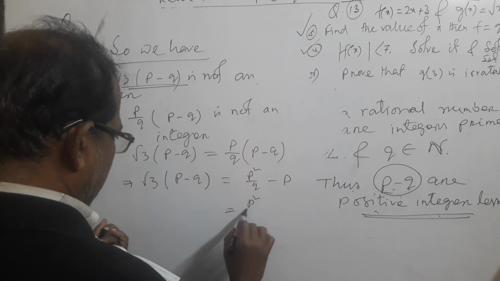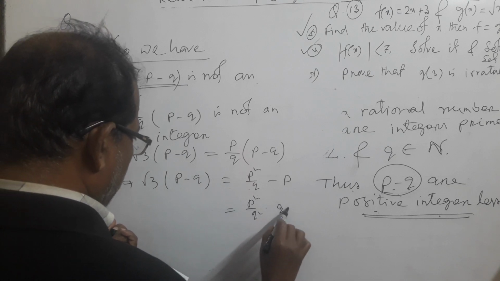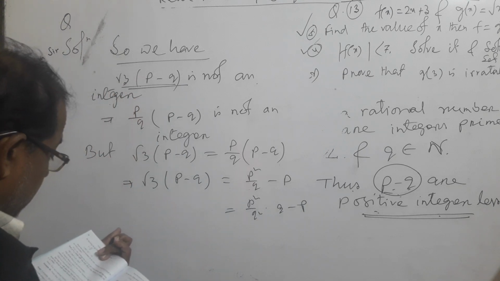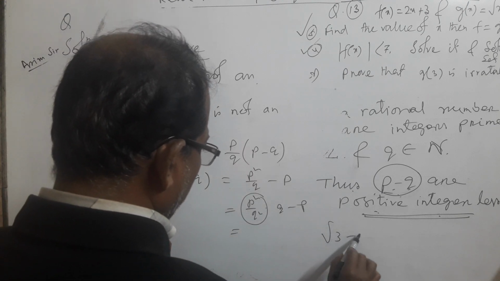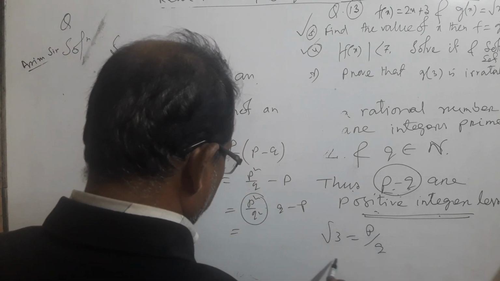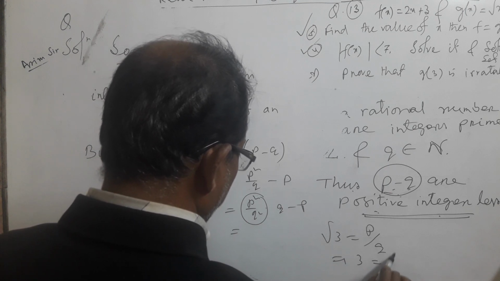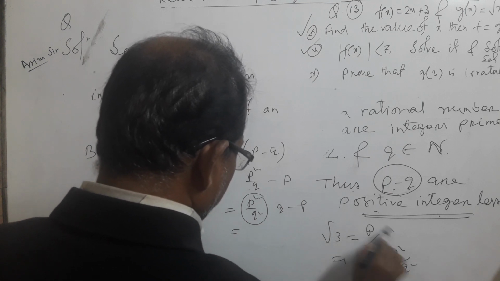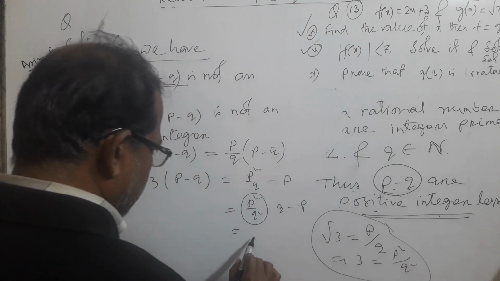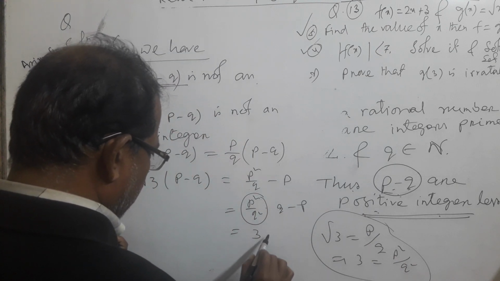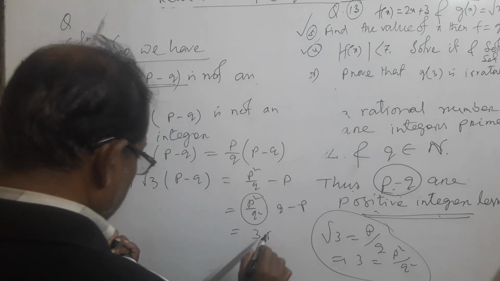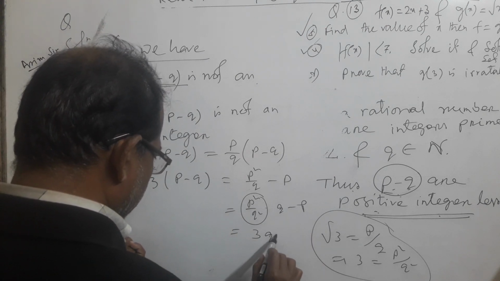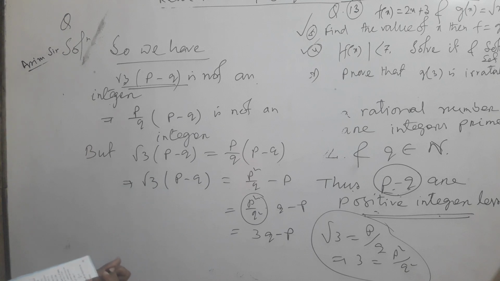We can say p square by q square into q minus p. So that's why root 3 equals p by q. That implies 3 equals p square divided by q square, is the easiest. So 3 into q minus p.